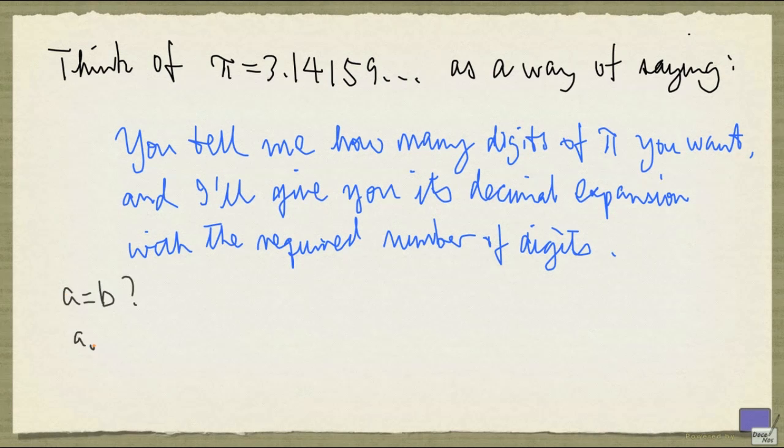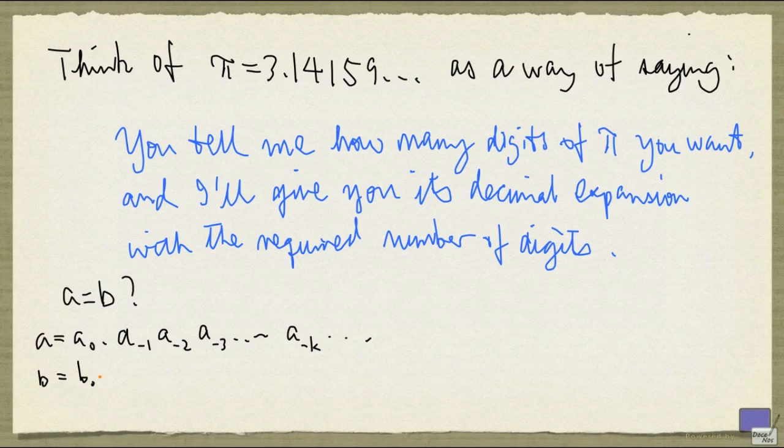For example, given two numbers, a and b, where a, written as an infinite decimal, has the following digits. So one digit before the decimal point, called a_0, and a_{-1}, a_{-2}, a_{-3}, and so on. And the kth digit after the decimal point is a_{-k}, and so on, goes on forever. And b is given by this.